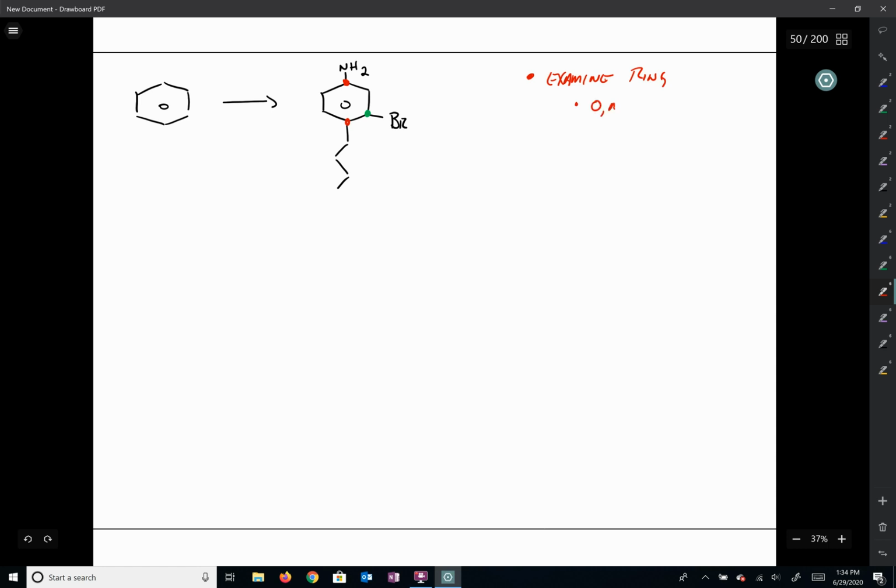We'll look for ortho, meta, para relationship, OMP, and activators. Deactivators. Good. The next thing we have to look at is, let's say, structural features, okay? So what I mean is this.